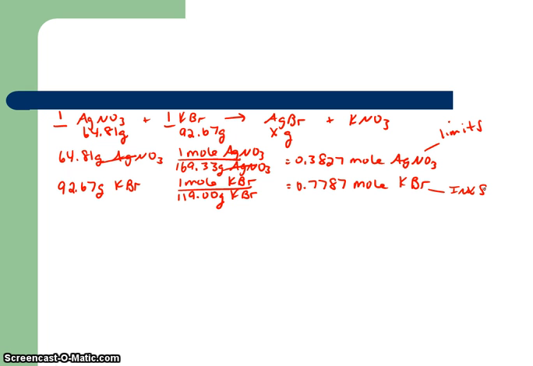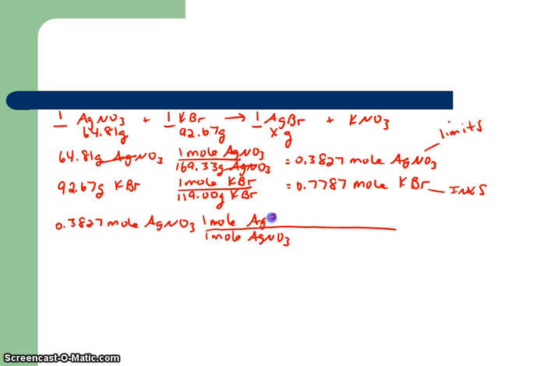All right, so now let's take our limiting reactant and decide how much silver bromide we can produce. 0.3827 moles of silver nitrate is going to be consumed. The balanced equation tells us it's a 1 mole of silver nitrate to 1 mole of silver bromide ratio. And we want to get to grams.